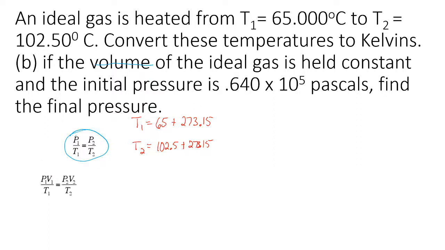So 273.15 plus 65 gives T1 as 338.15 K, and these were degrees Celsius to begin with.